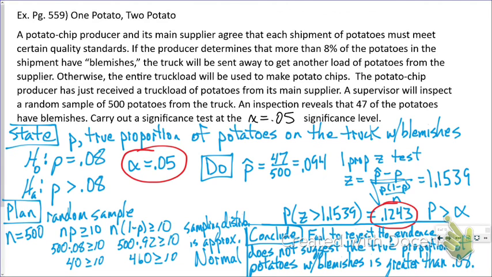All right, if you can't read that, fail to reject H0. Evidence does not suggest the true proportion of potatoes with blemishes is greater than 0.08. And that's it. See y'all in the next video.